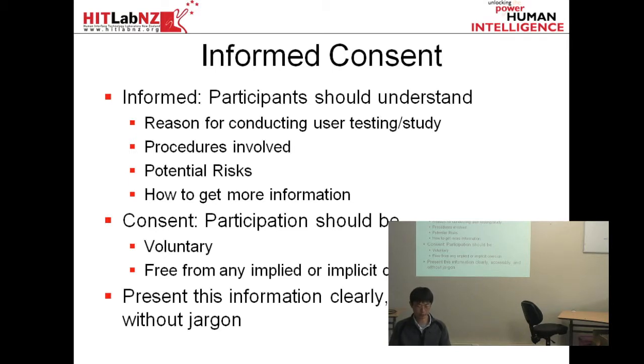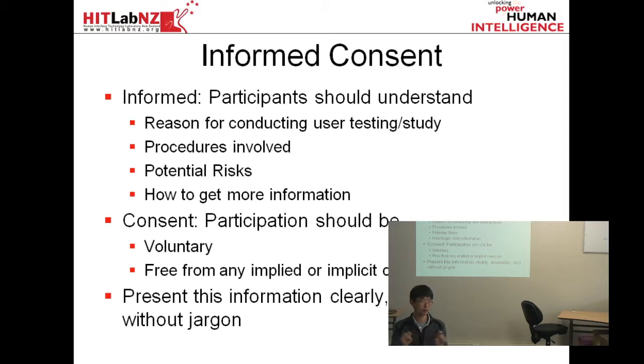And the consent part, you should make sure the participants are voluntarily participating in the study and free from any implied or implicit coercion or troubles later on because of participating in the study. And of course, when you're writing up this informed consent form, you should present this information clearly and accessibly.